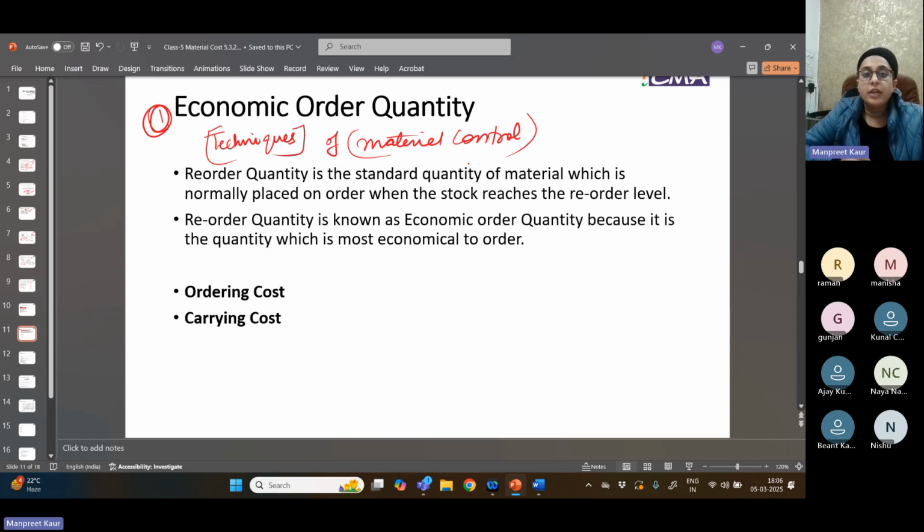Economic order quantity is the reorder quantity. It is the standard quantity of material which is normally placed on order when stock reaches the reorder level. Reorder quantity is also known as economic order quantity because it is a quantity which is most economical to order.